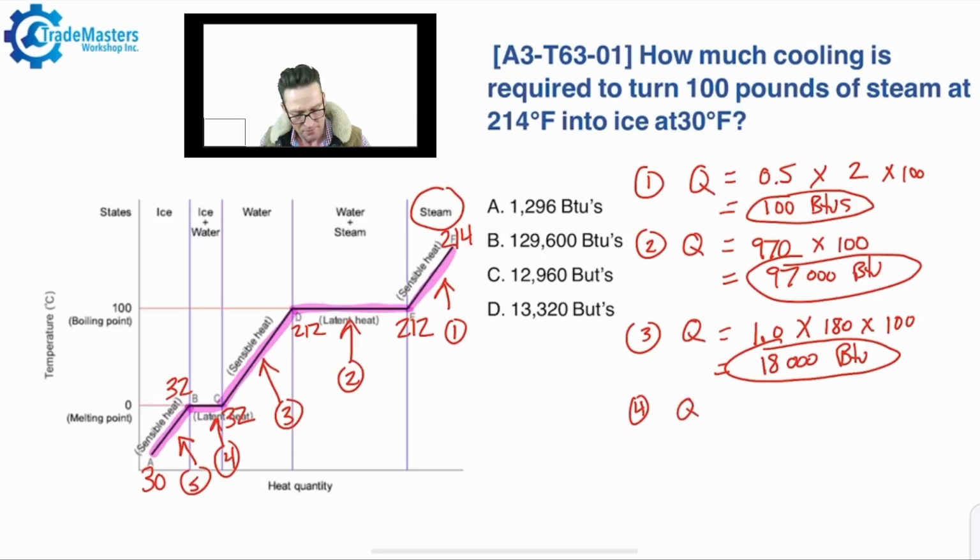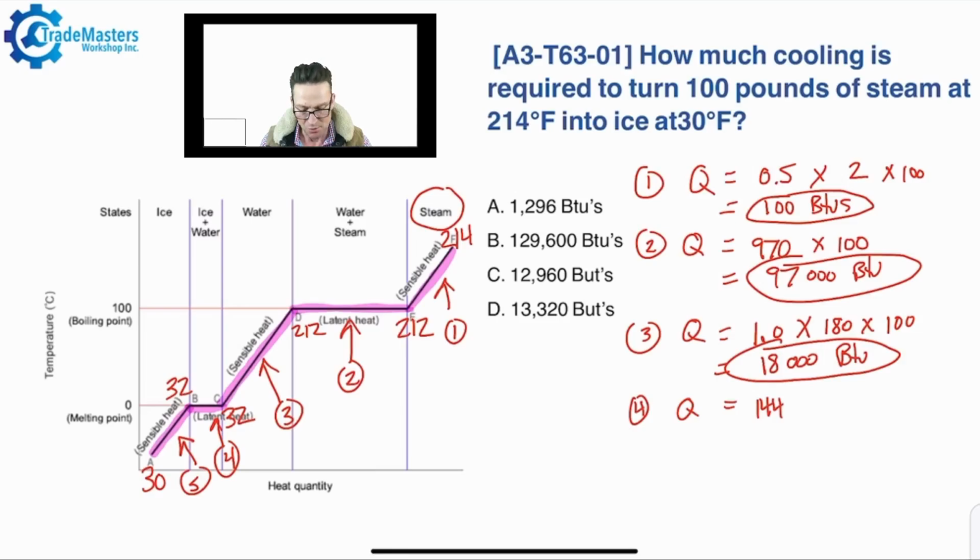Step 4, we are back to latent heat energy changes, right? Latent heat energy changes when you're talking about water being frozen and changing state back to ice, 144 BTUs per pound.